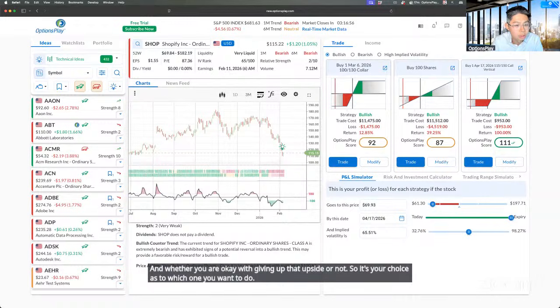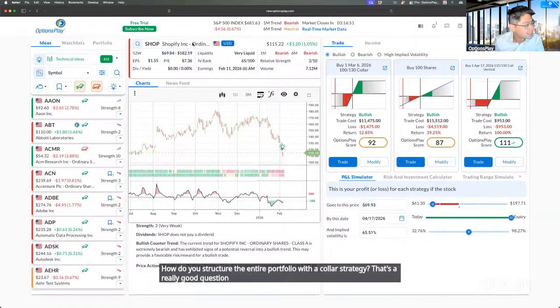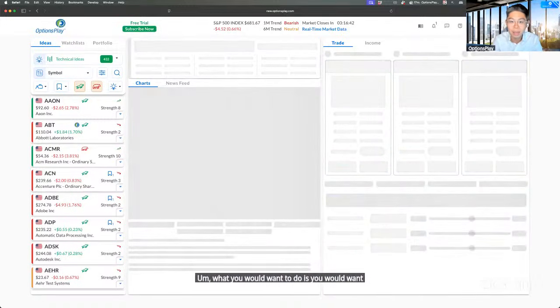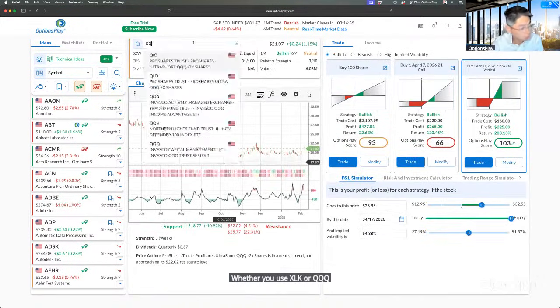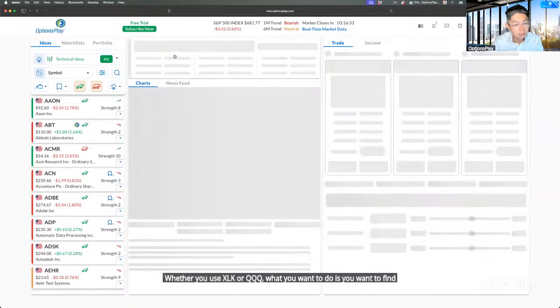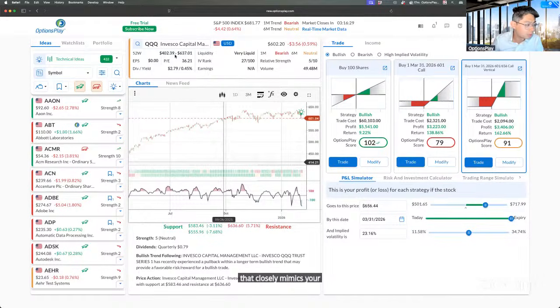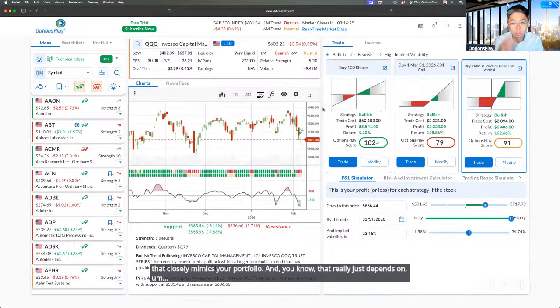How do you structure the entire portfolio with the collar strategy? That's a really good question. So let's say you have a tech heavy portfolio. What you would want to do is use a tech heavy index, whether you use XLK or QQQ. You want to find a very liquid ETF that closely mimics your portfolio, and that really just depends on the composition of your portfolio.